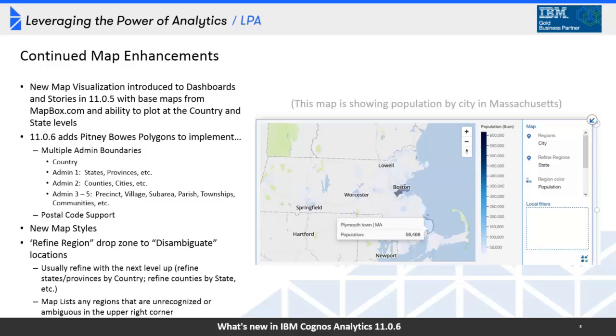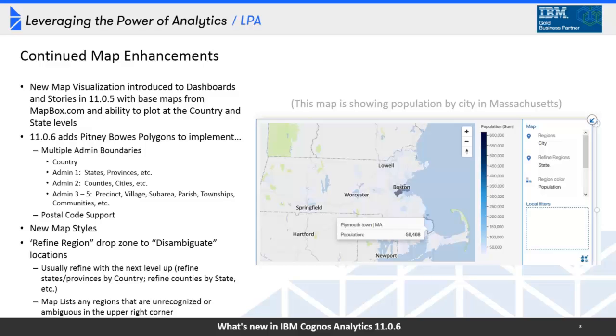With 11.06, they have introduced elements of their partnership with Pitney Bowes and have laid over the top of these base maps polygons that show you not only states and countries, but also provinces, counties, cities, villages, all the way down to zip codes or postal codes. So international maps, so it understands postal codes from across the world, not just in the US or Canada. It understands villages, it understands provinces, it understands states, and you can map data at a very fine level at this point.